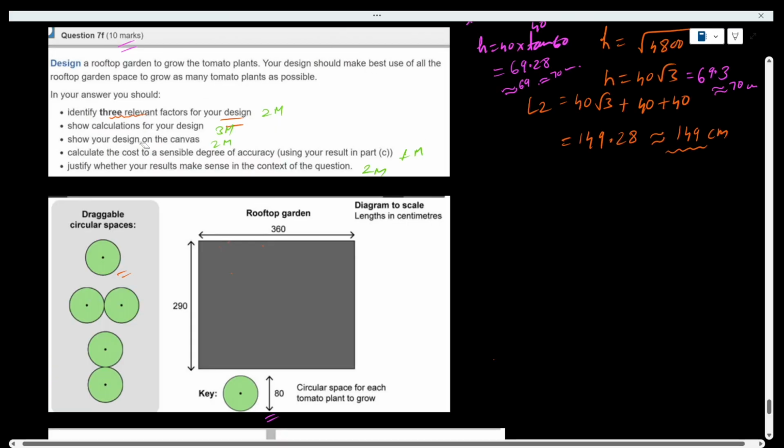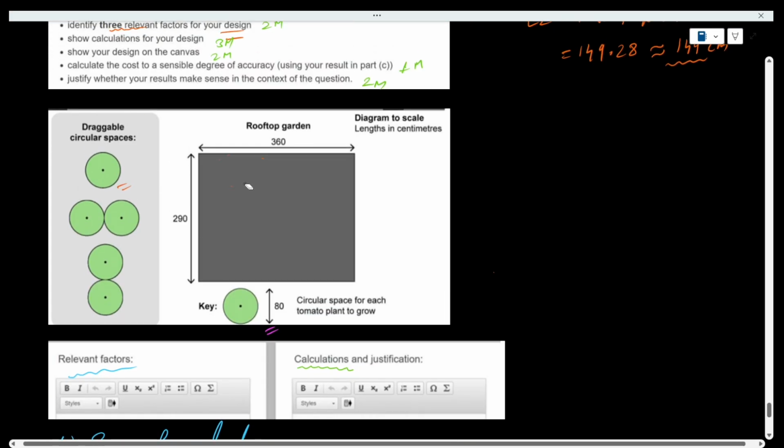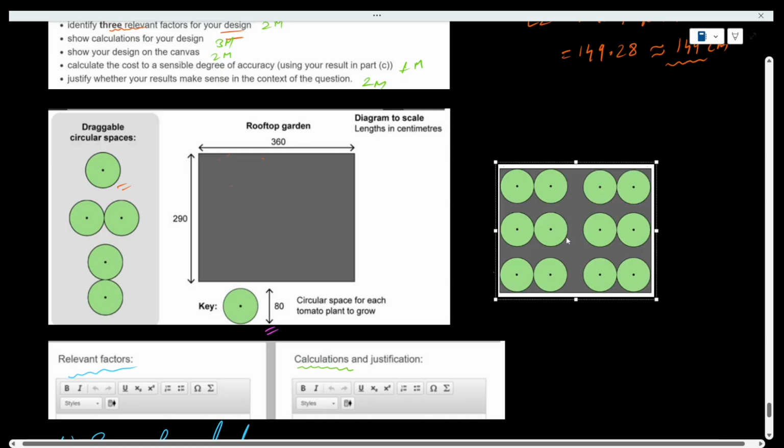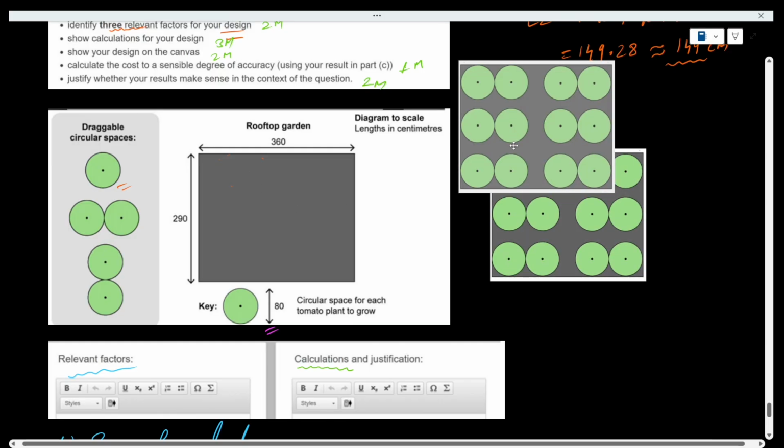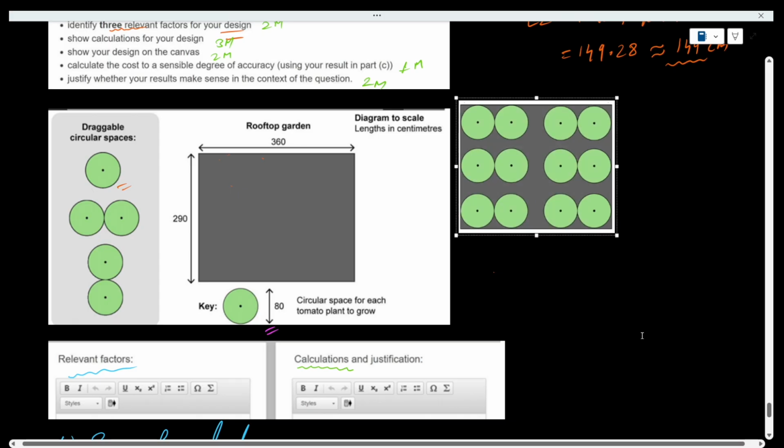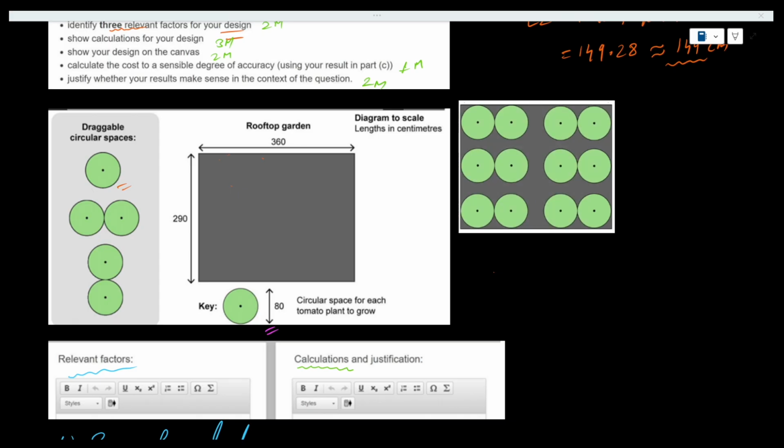Now here it says you have to show the calculation for your design, but before that you need to try to see how many draggable circles fit in this rooftop garden. These are the possibilities, I'm just giving you the answer. When you drag the circles onto that space, you will get these.